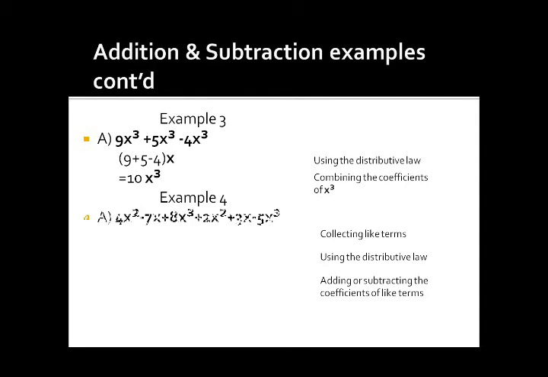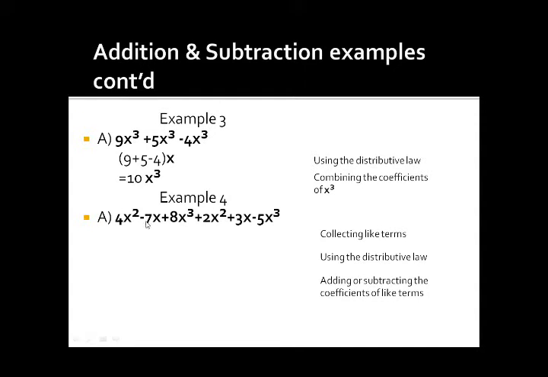Example 4. Now there are 3 different groups of like terms in this expression. So when we're doing these, we have to slow down, and what my teacher would say is we group them by saying, okay, this is x squared, so find the next one which is of x squared, mark it and put them together.